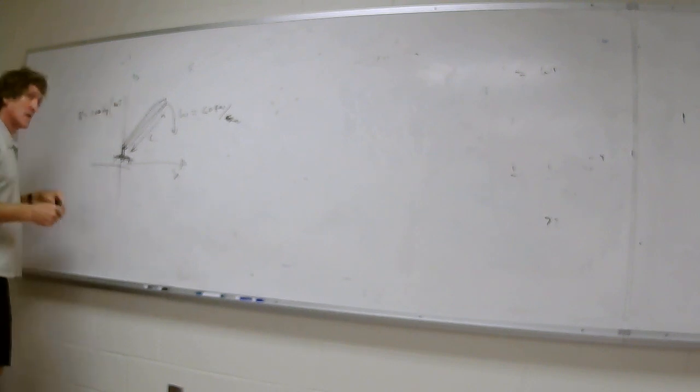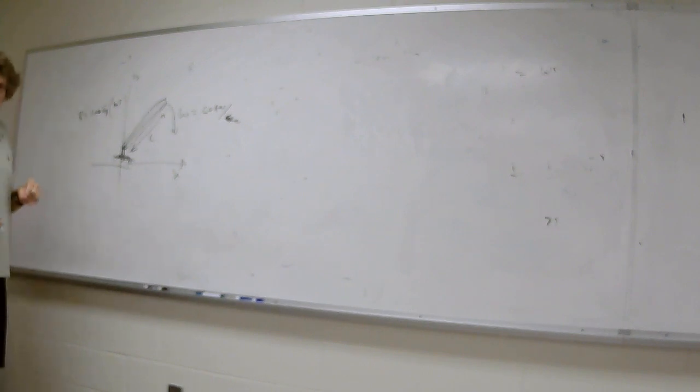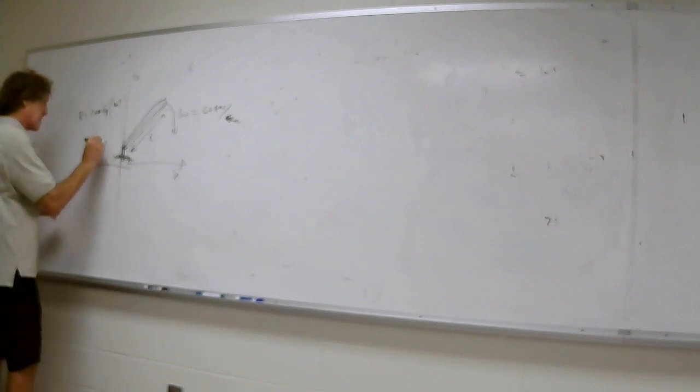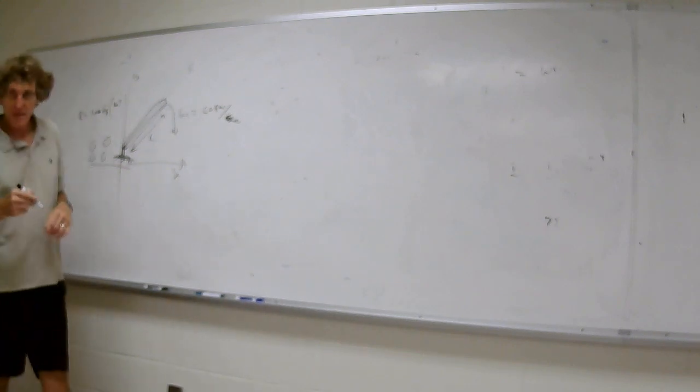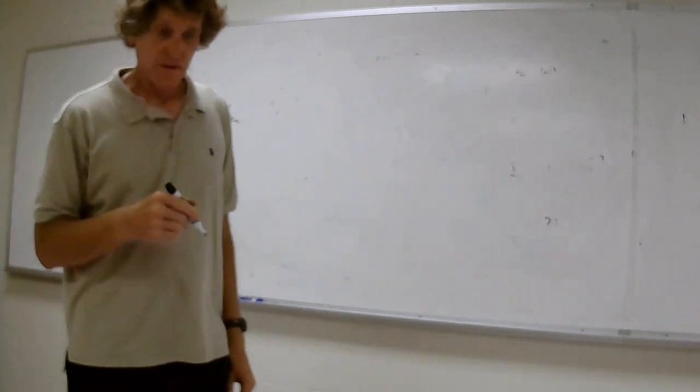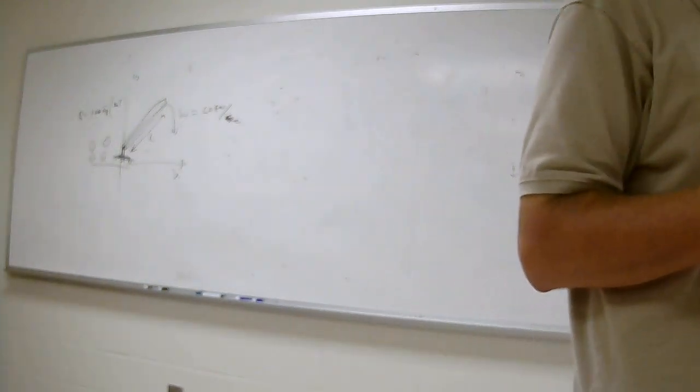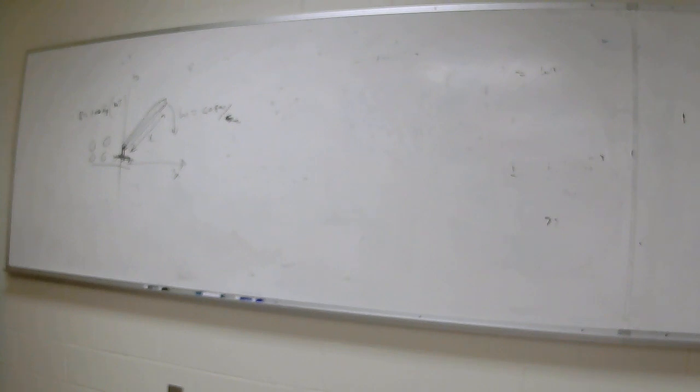Millitesla is milliwebers per meter squared, coming out of the board. He doesn't say if it's going clockwise or not, but he says find the voltage between the two ends of the bar.